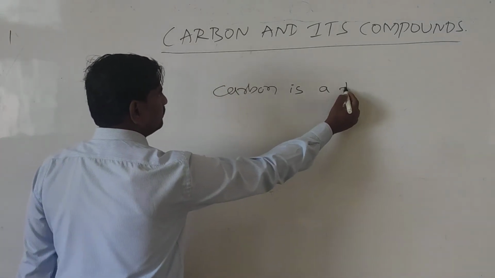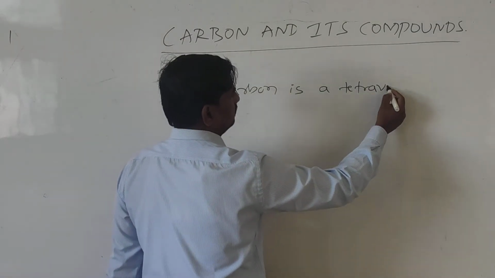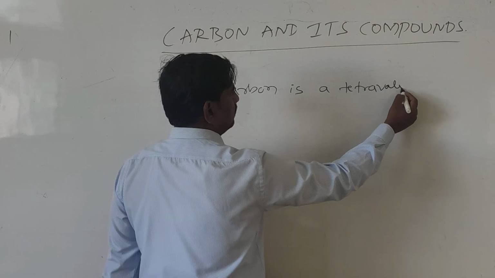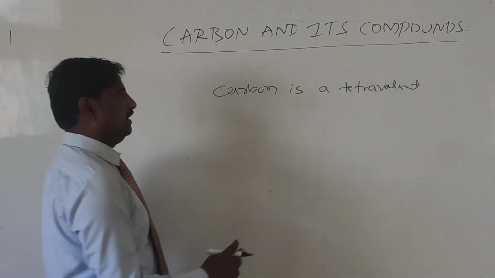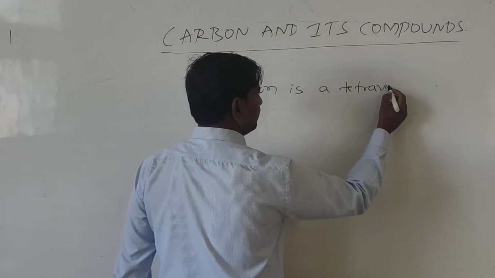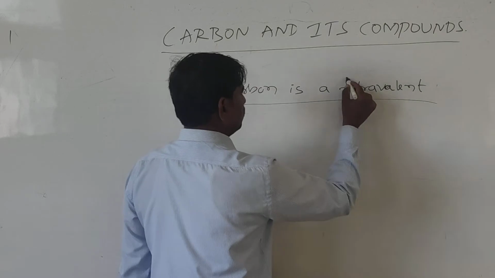Carbon is tetravalent. Okay, so what does tetravalent mean? Tetra means 4.